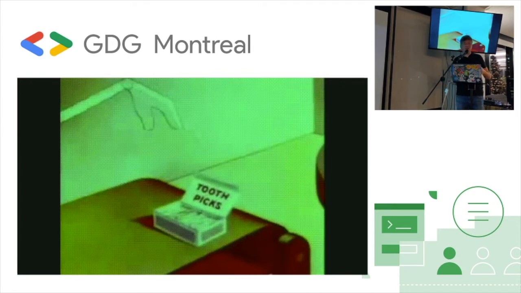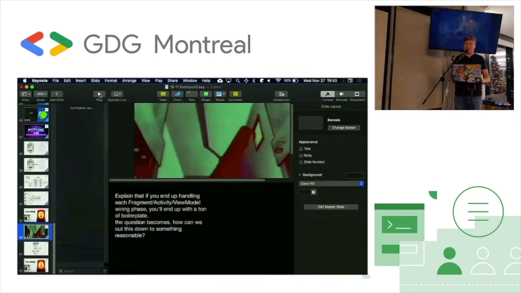So what we want is the strict minimum of boilerplate. We basically want everybody that uses Toothpick and DI in general to feel like it's magic. You just put annotations or use a by inject on your fragment, activity, whatever, or your constructor. You just put these very short little things, and everything gets injected and it's done. You don't necessarily want people to be aware too much of exactly how the sausage factory works, except when you do, which hopefully we'll have time to get to by the end.